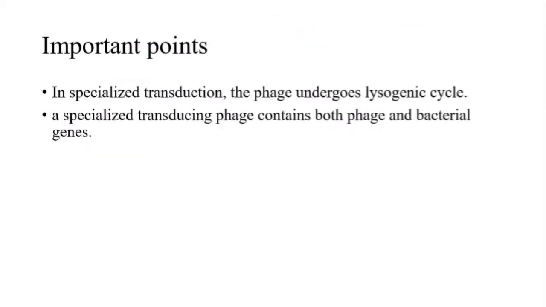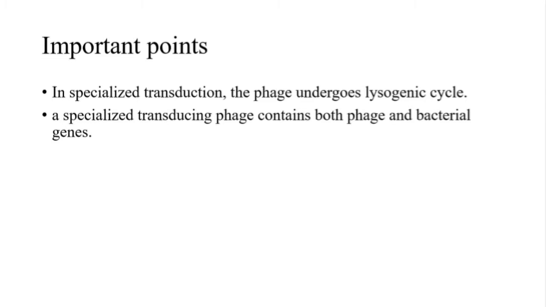So the important points about specialized transduction: it involves the lysogenic cycle, and the bacteriophage contains both viral and bacterial genes. This transduction is called specialized because only some specific genes of the bacteria are transferred to another bacteria.